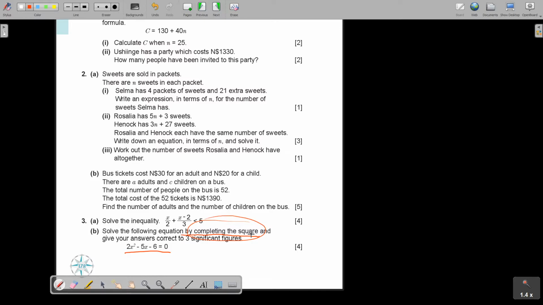I just want to quickly tell you where in the textbook to find completing the square. I'm just searching quickly for it. Okay, no, I didn't find it yet. It's on page, but I will quickly do one for you.